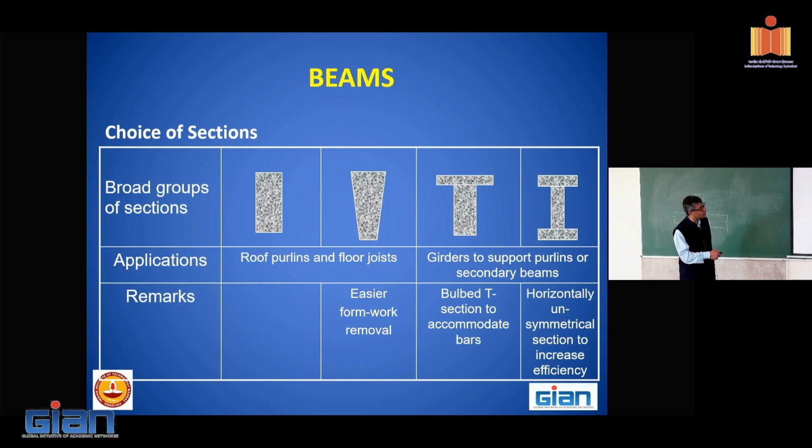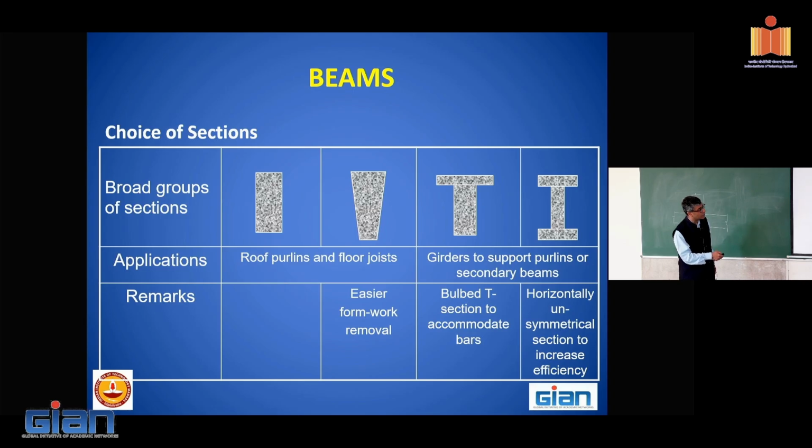Rectangular cross sections are suitable for small members like roof purlins, whereas if the member size becomes bigger, we tend to go for a tapered section. The reason is the release of the formwork. That is better. If the span increases further, then this becomes inefficient.